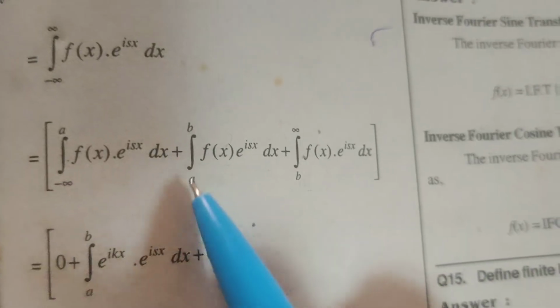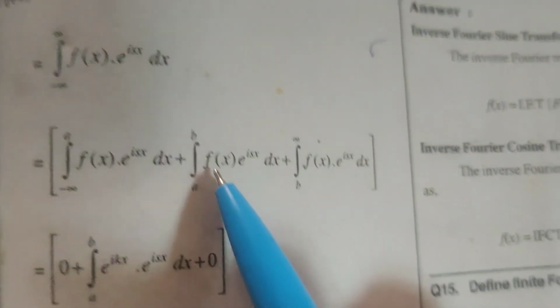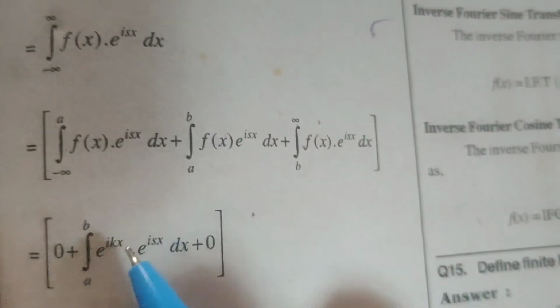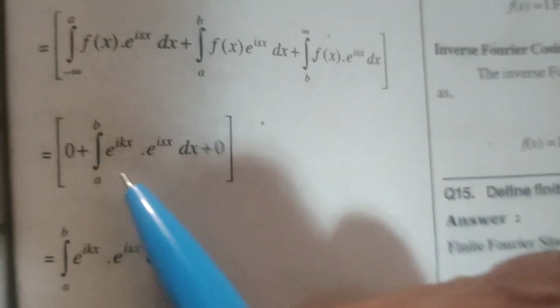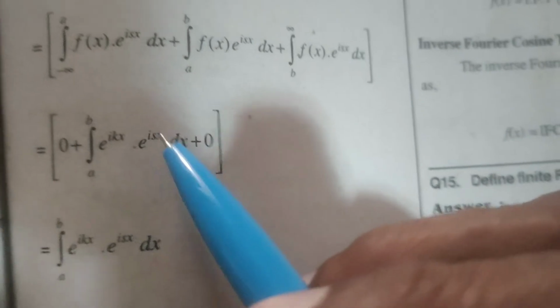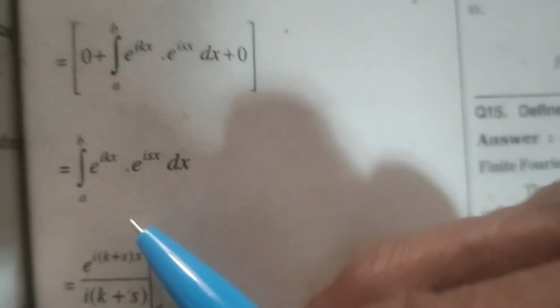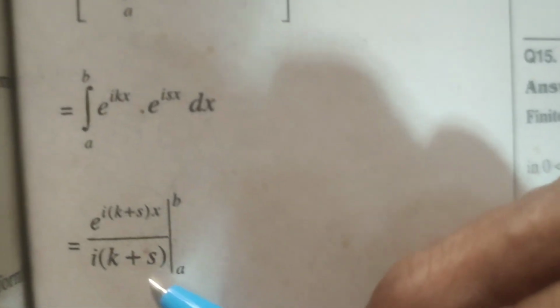So here, in this defined interval, the function f(x) is e^(ikx). So write e^(ikx) e^(isx) dx. Now write the formula a^m times a^n, applying the formula here: e^(i(k+s)x) by i(k+s).